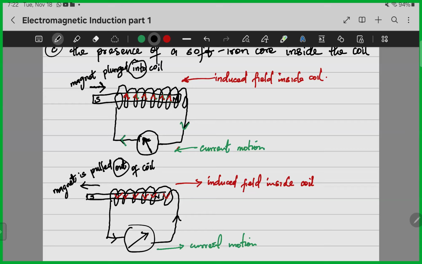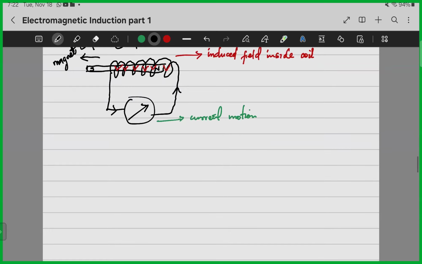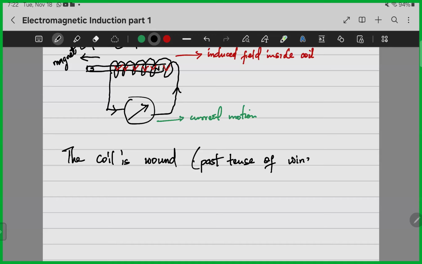So let's now discuss some of these points we have made with the diagram. The coil is wound. That is the past tense of wind. When you wind something, that's like rolling it. So the coil is wound on a steel ring.